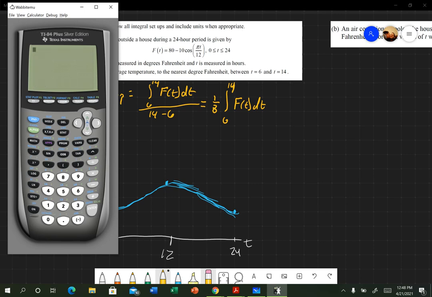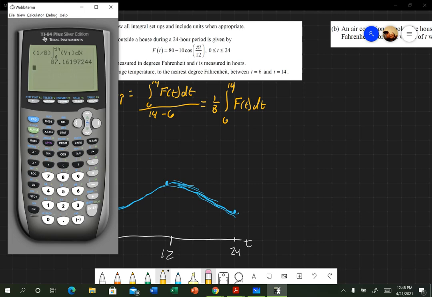Okay. And now at this point, you can do one of two things. You can do the integration and then divide by 8, or you can do this: 1/8 times, and then math 9 pulls up my integration, and then I go 6 to 14, alpha trace y1, x. And there we go.